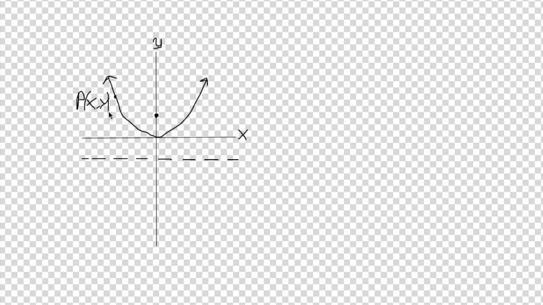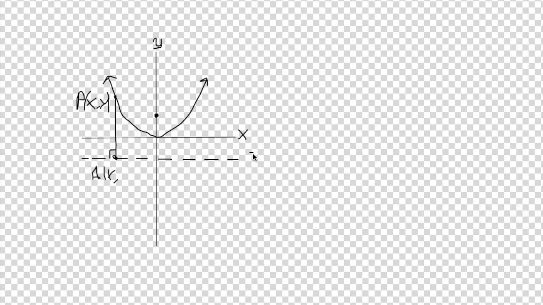X and y. Then from that coordinate, we're going to draw a line that intersects the directrix and is perpendicular. This point right here, we can label A, and since this is perpendicular, it's going to have the same x coordinate.